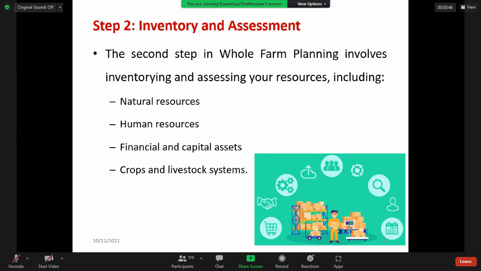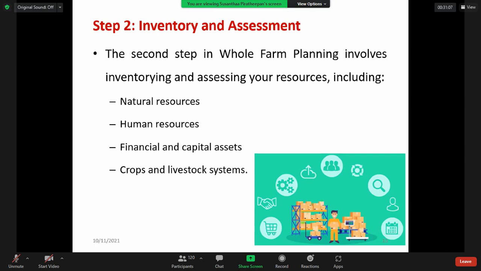These are the major four resources: the natural resources, maybe water accessibility or water sources, and soil, and the human resource, the workers or market-oriented person or transport service.